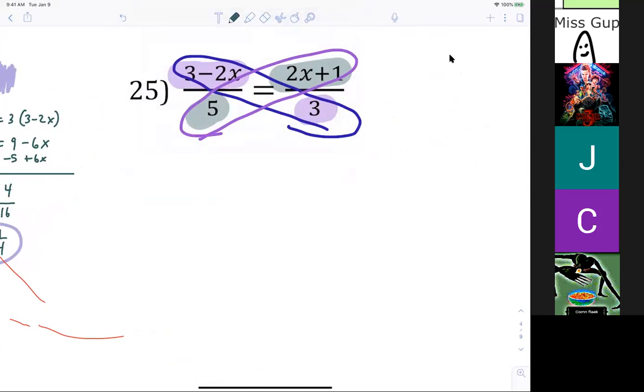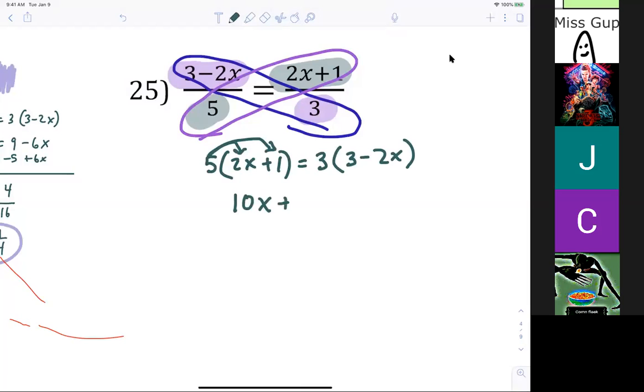So it'd be 5 times 2x plus 1 equals 3 times 3 minus 2x. Now when we distribute, I get 10x plus 5 equals, distribute the 3, 9 minus 6x.